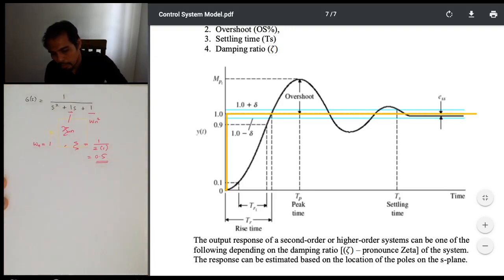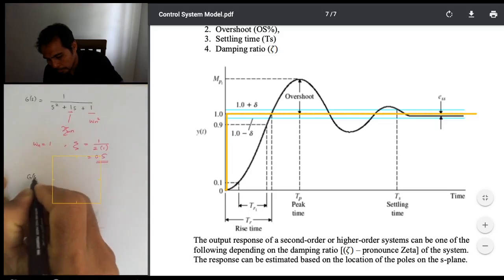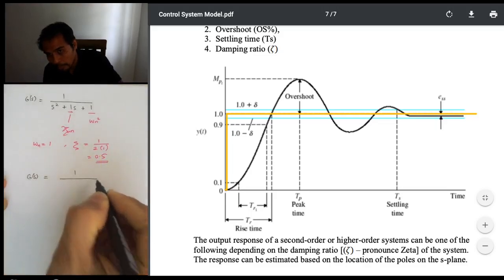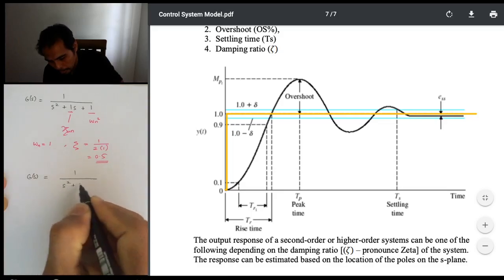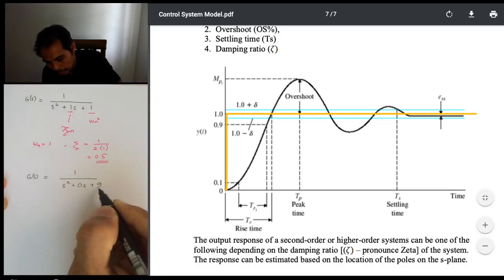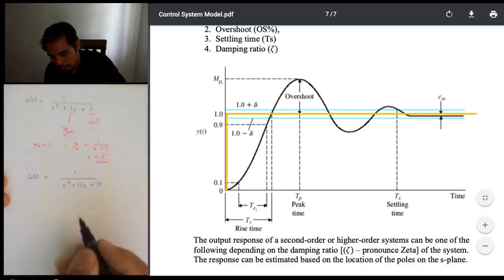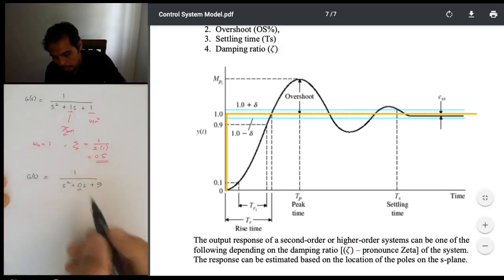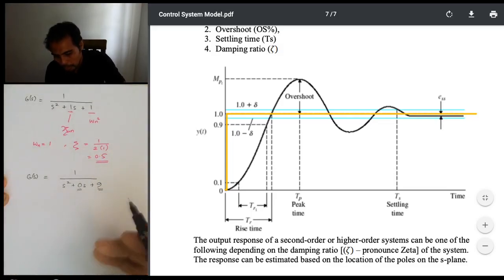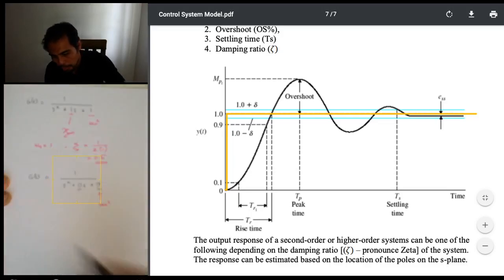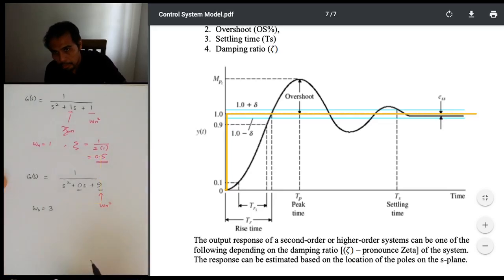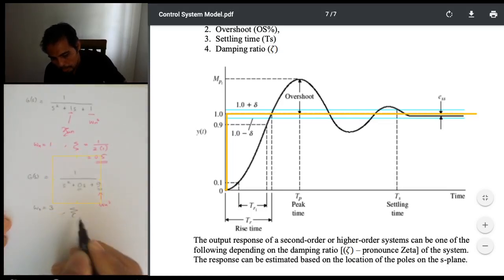Let's try another one, which is 1 over s squared plus 0s plus 9. We find that this term is 0, so the whole thing becomes 0. This is our omega n squared, so omega n equal to 3, and zeta equal to 0.